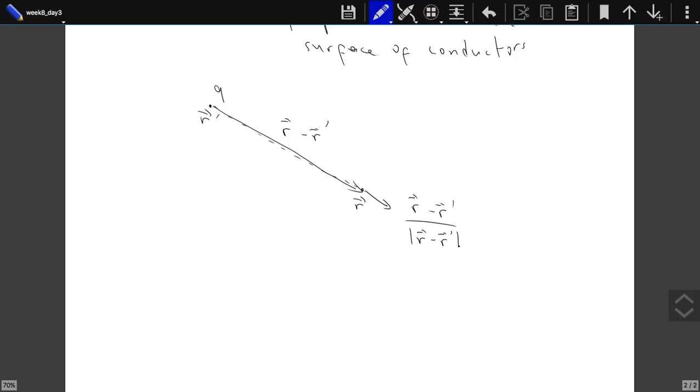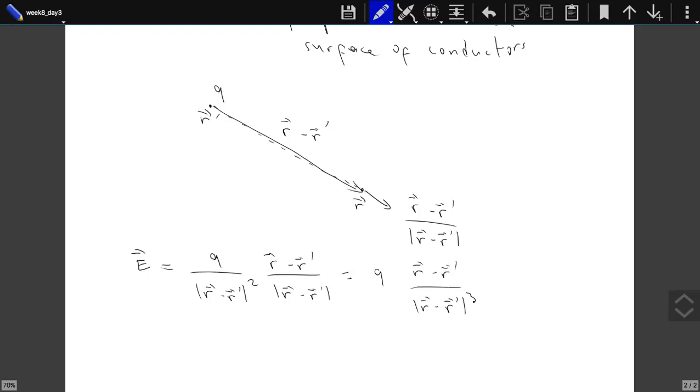The electric field, well, the magnitude is Q over |R minus R prime| squared in that direction. So just multiply it with R minus R prime divided by |R minus R prime|. So it's Q (R minus R prime) divided by |R minus R prime| cubed. This is what we often use.